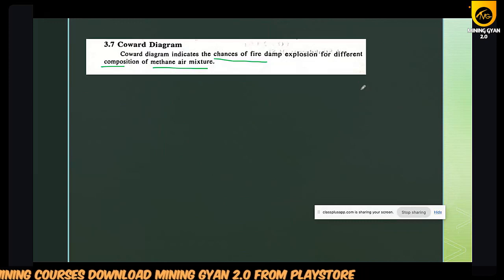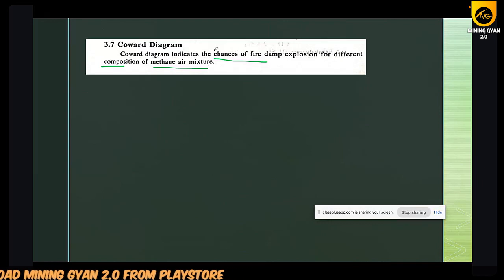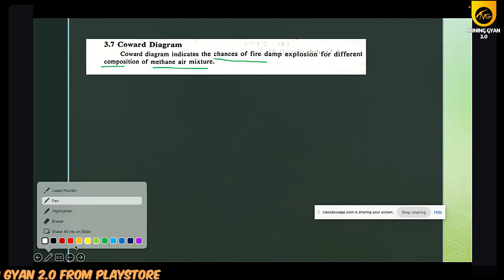Then we have seen the Coward diagram. The Coward diagram indicates the chance of a fire damp explosion. So it will tell us whether an explosion will occur there or not.